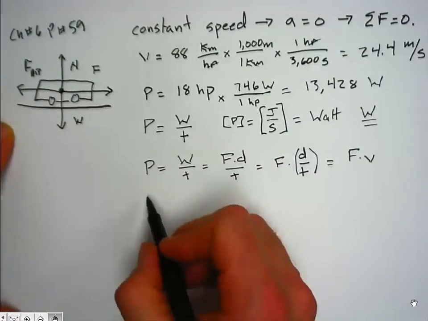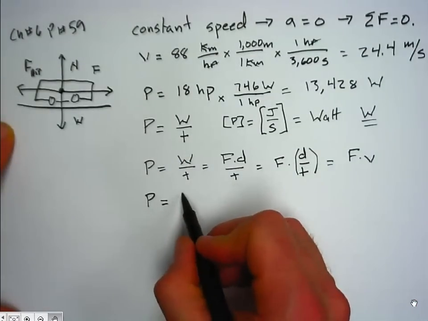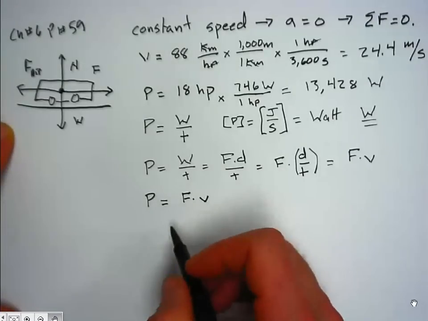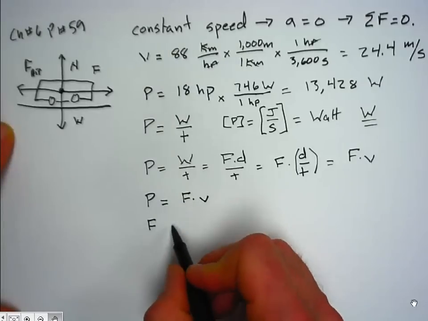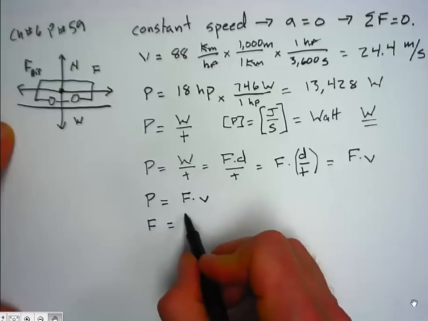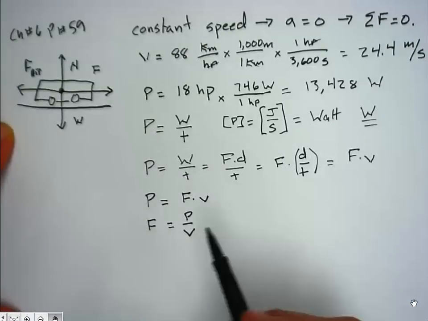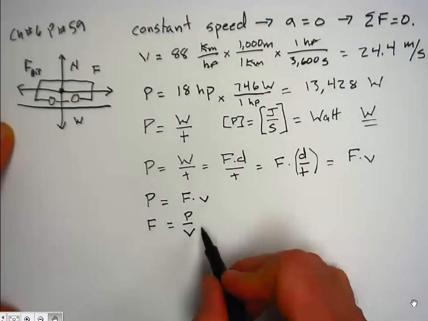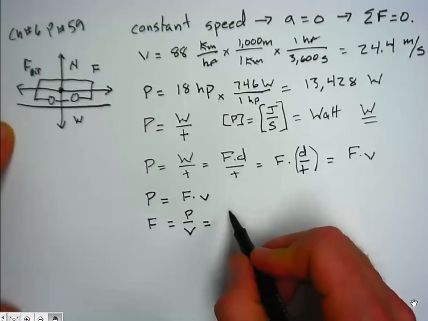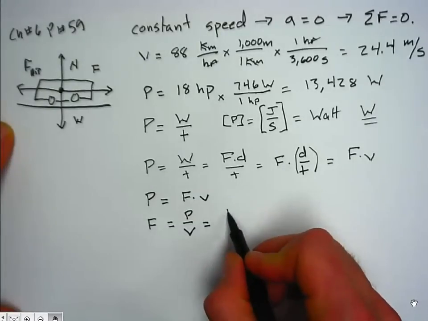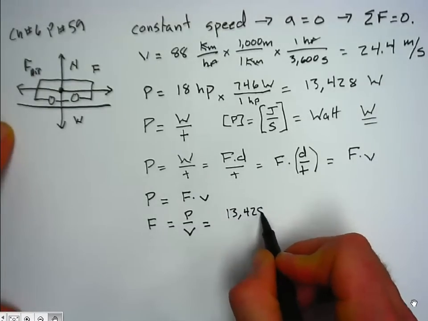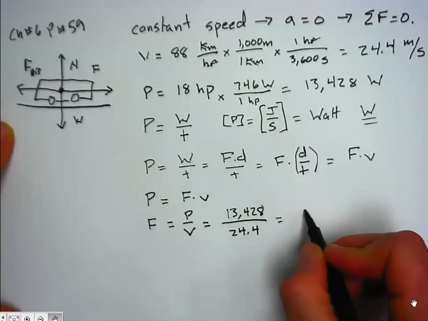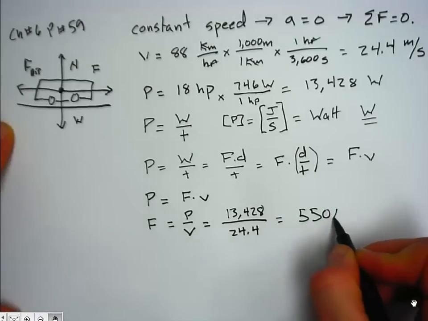So this equation breaks down to power is equal to F times V. Or in this case, we would arrange this to F equals P divided by V. So if we plug in our numbers from above, we do 13,428 divided by 24.4, and we would get 550 newtons.